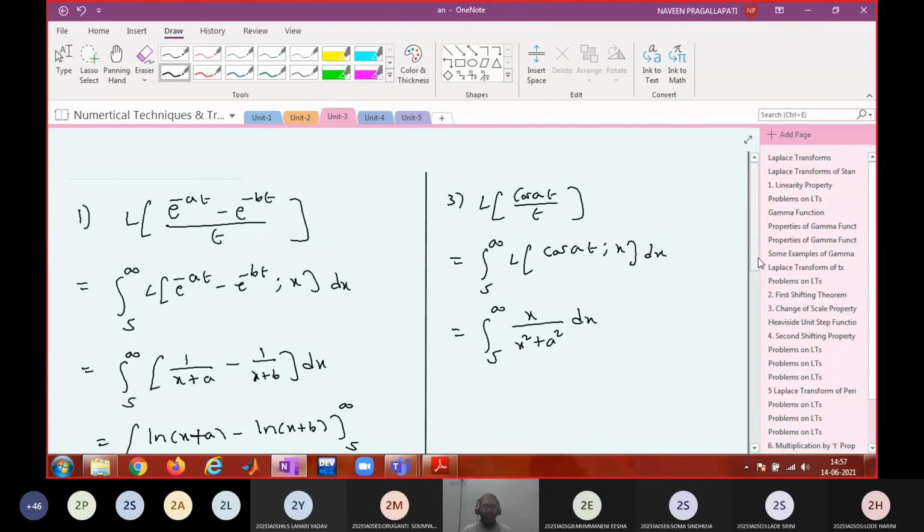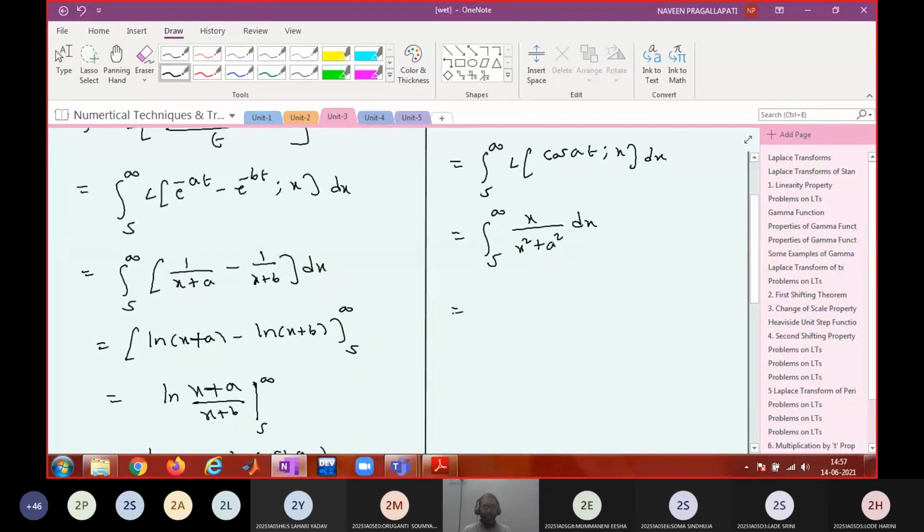Now you know, if you multiply and divide by 2, the numerator will be the derivative of the denominator. So it is going to be log of x squared plus a squared, the limits from s to infinity.